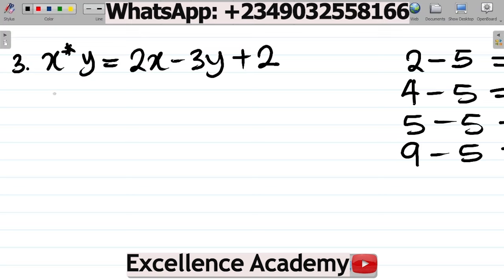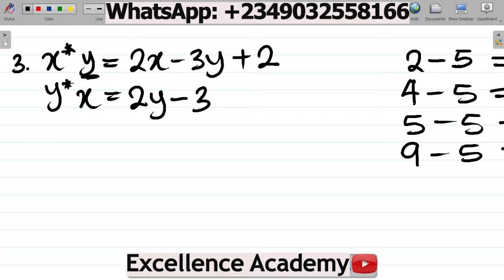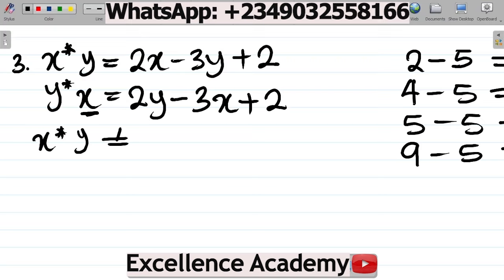Now, with this same concept, if we take y asterisk x, that will be equal to 2 times y. When we started with x, it was 2x. Now we are starting with y, it becomes 2y, minus 3. When y was on the right hand side, you had 3y. Now you have x on the right hand side, so it becomes 3x, then bring down plus 2. So if you look at this, you can see that x asterisk y is not commutative with y asterisk x, right?